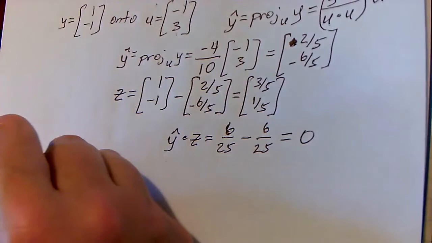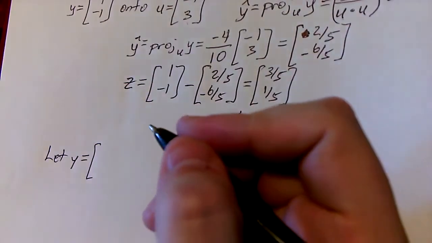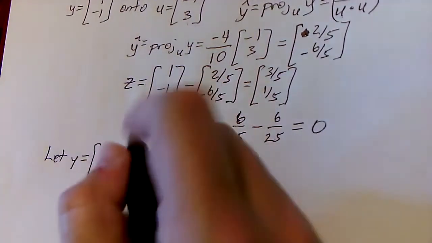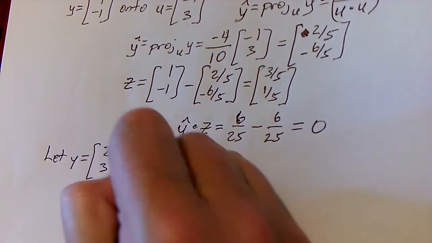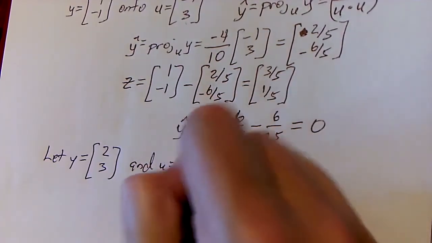In this question, I'll write out the full text of the question so that we're clear. We're going to have y is equal to 2, 3, and u is going to be equal to 4, -7.